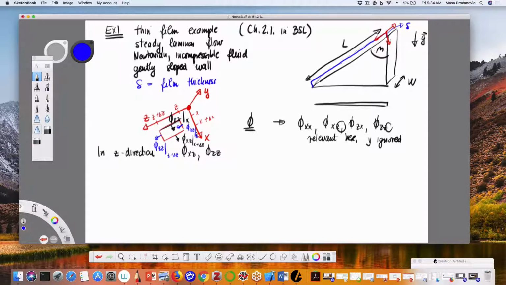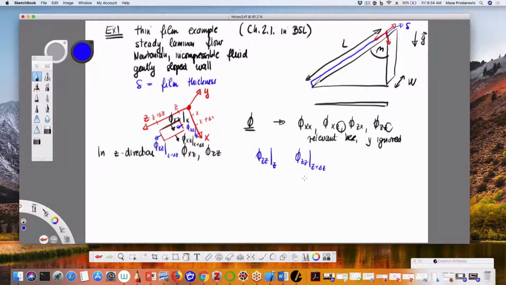Now the reason for this notation: when I write down phi zz at z, my phi zz is a function of x, y, z. I don't want to write all of that. So this is evaluated at z, keeping x and y constant. In this case we're ignoring y, so keeping x constant. And if I evaluate phi zz at z plus delta z, keeping the other direction constant, I just don't want to write it down.